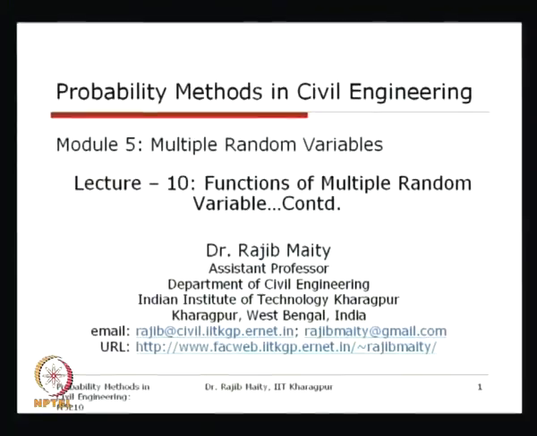If you recall, a couple of classes before we discussed that whenever we have more than one root, we have to take a summation over all the possible roots. That type of example we will take, which is again a single function of two random variables.